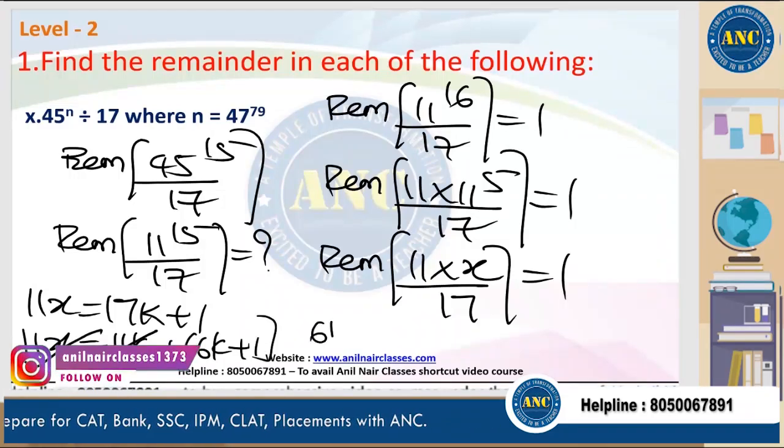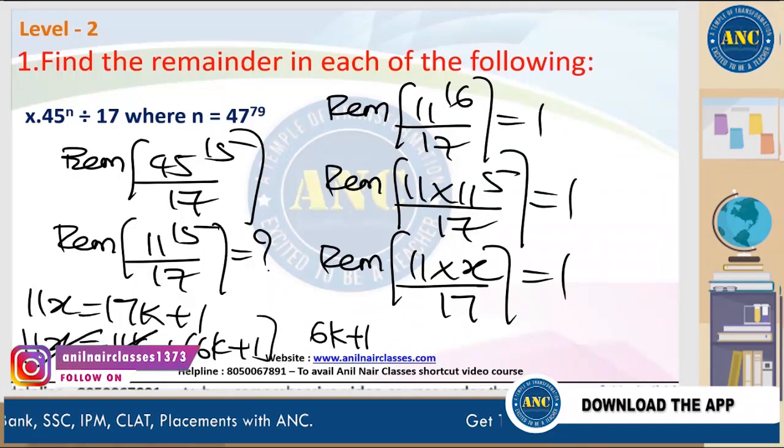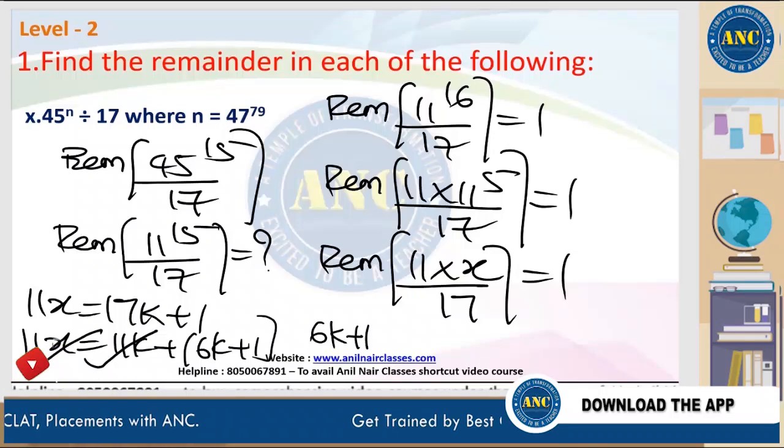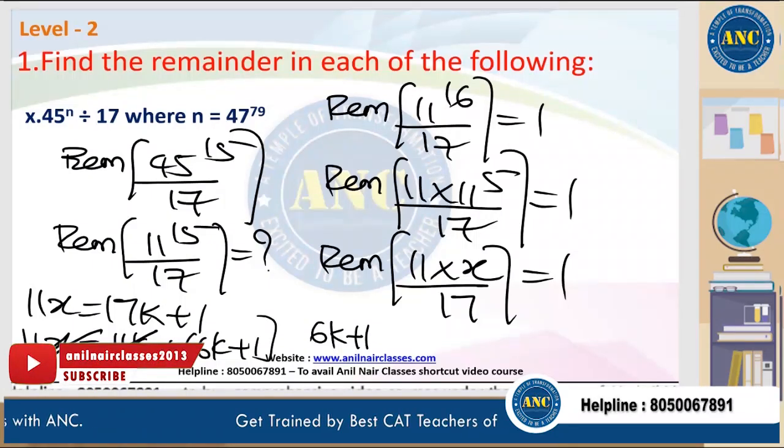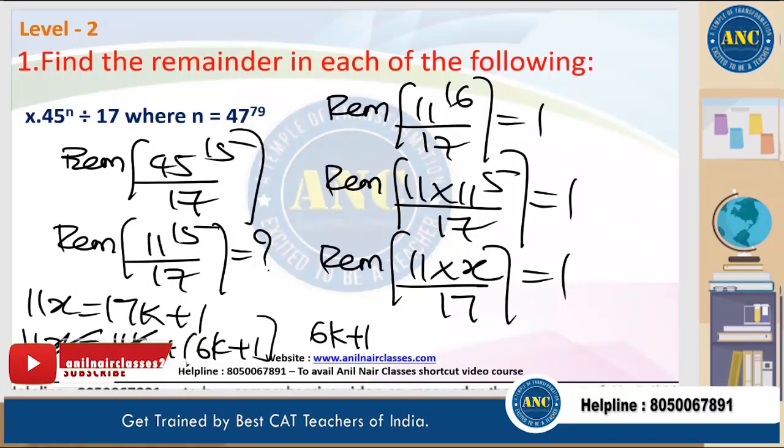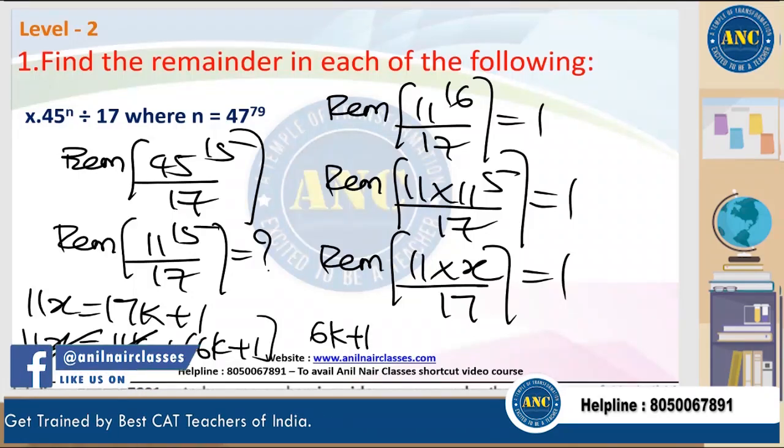Divisible by 11, divisible by 11. 6k plus 1 should be divisible by 11, and k should be an integer. 6k plus 1 cannot be 11, cannot be 22, cannot be 33.